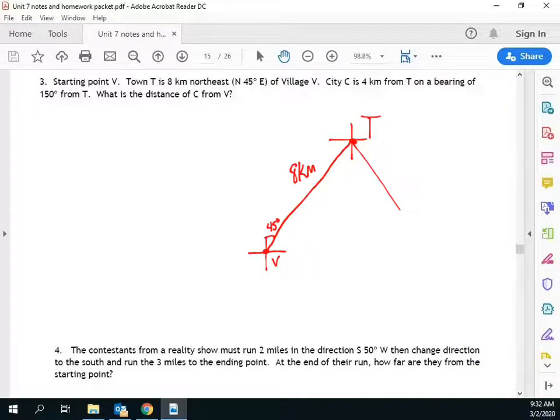So I'm going to make that line shorter than the 8 kilometers, just so you can get a better idea of what's going on. So 4 is here. And this is 150, okay, thanks. Then it asks, what's the distance from C to V? They want to know what that is right there.